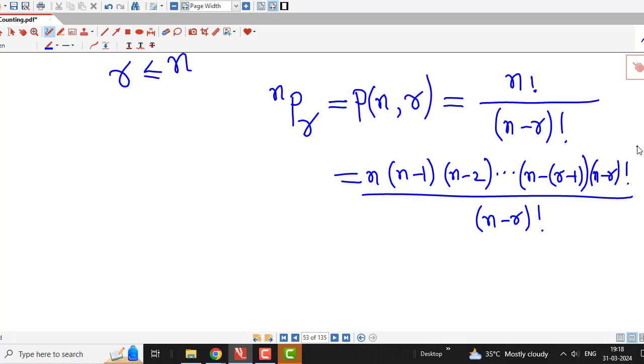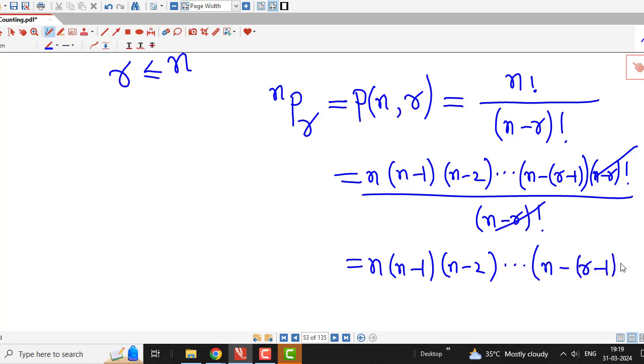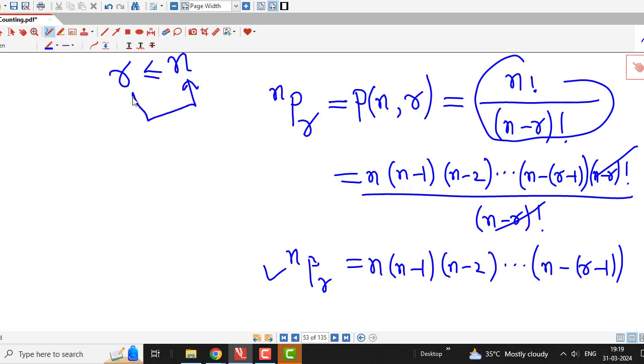So you can see n minus r factorial will get cancelled, and we have n, n minus 1, n minus 2 and so on, up to n minus r plus 1. So either we can use this formula or we can use this formula to count the number of permutations of n objects taken r at a time, or to count the number of r-permutations of n objects.